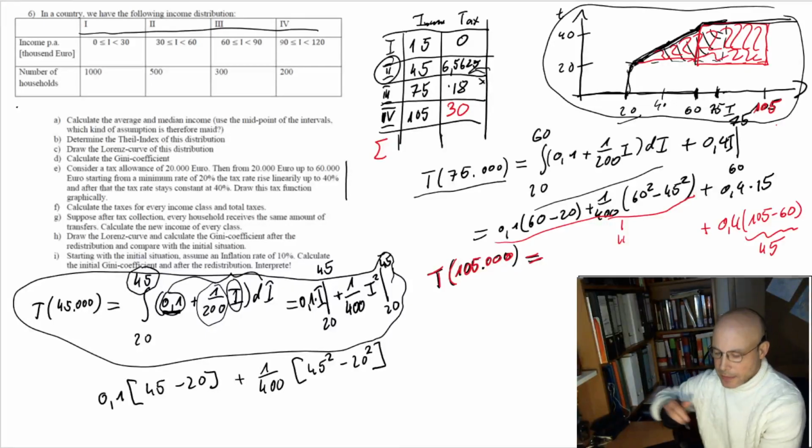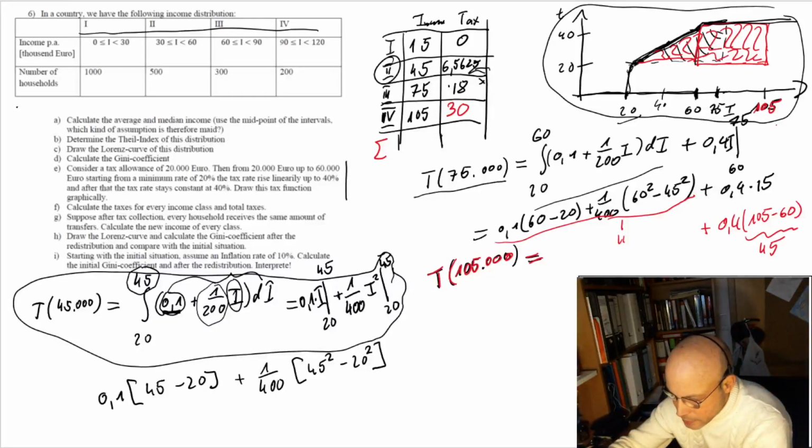And having this, we calculated that somebody who earns 15,000 euro doesn't pay any tax.